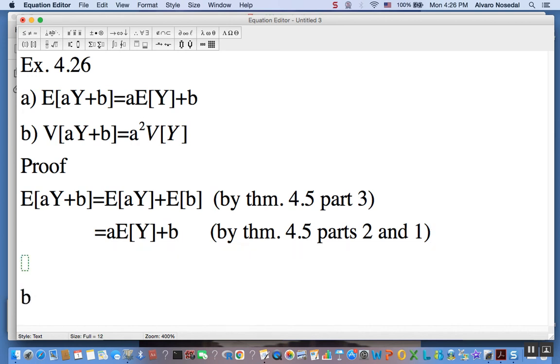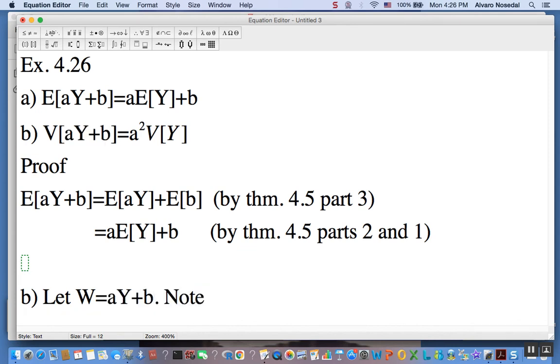Now let's show the second part. To make it very clear, let me introduce this notation. Let W be that transformation that I want: a times Y plus b.